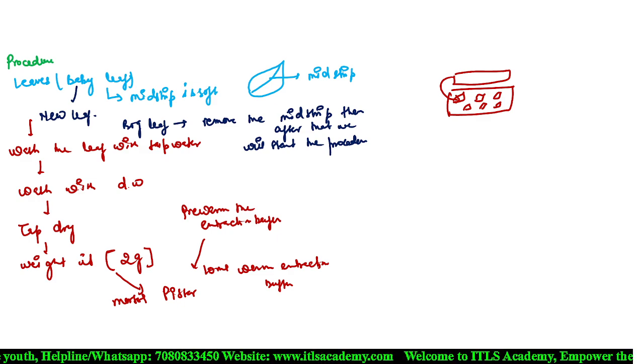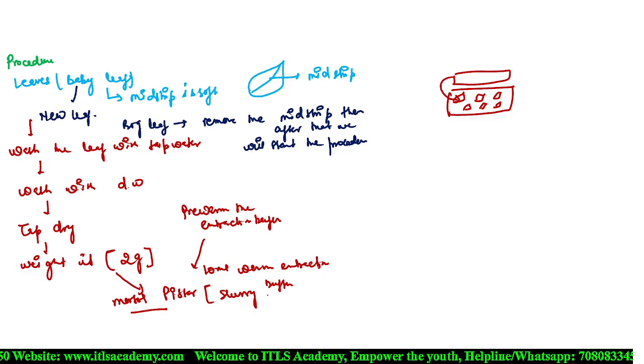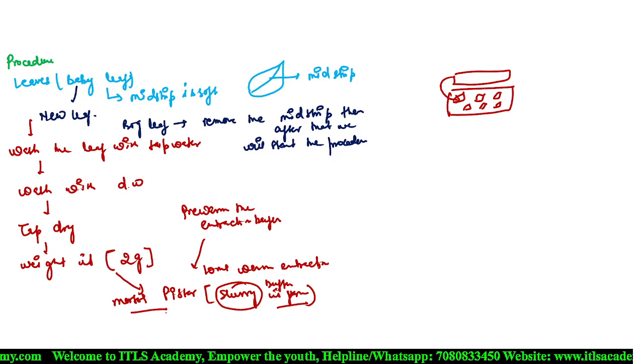Because if you add all the extraction buffer into the mortar and pestle at once, then callus is formed. So we have to avoid this callus, and a paste will be formed. In that case, we have to add this extraction buffer slowly. Clear?